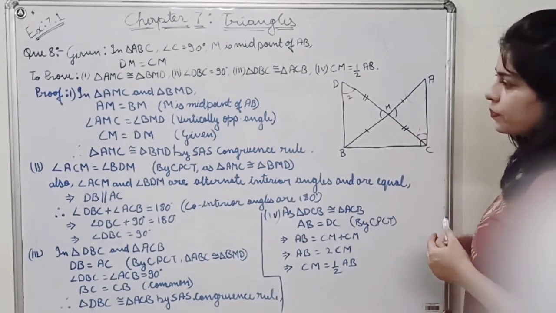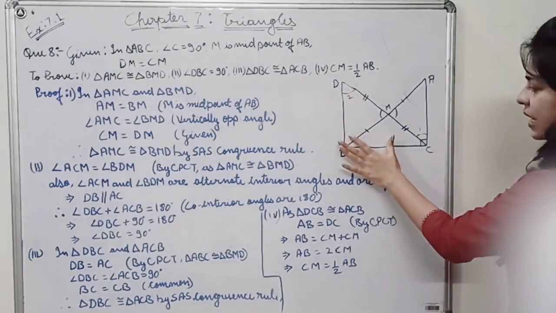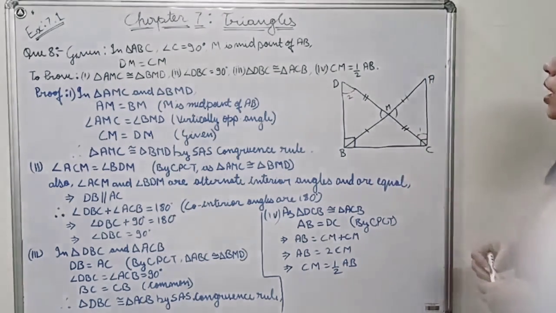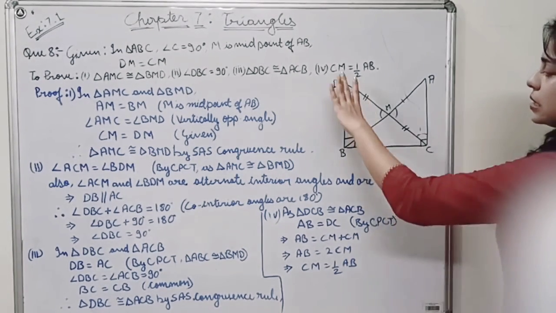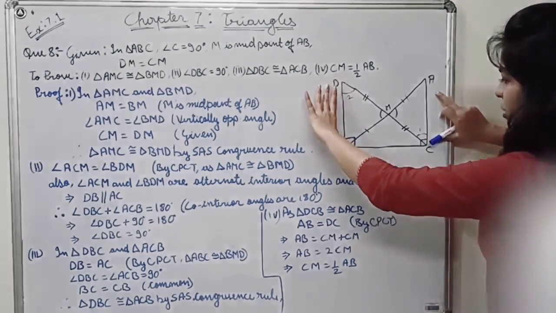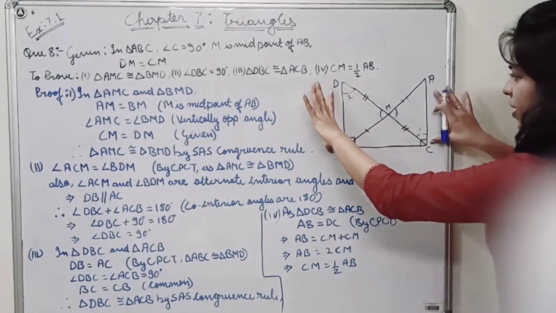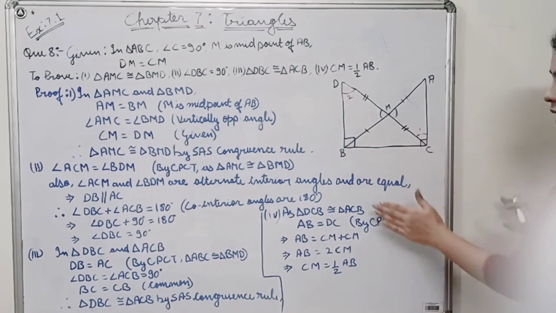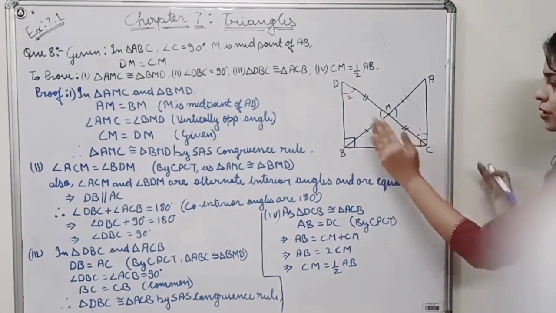Next, what do we have to prove? We have to prove angle DBC is 90 degrees, means this angle is 90 degrees we have to prove. How can we prove this angle is 90 degrees? See, if somehow we get DB parallel to AC, then BC will act as a transversal, and we know that the sum of interior angles on the same side of the transversal will be 180 degrees.